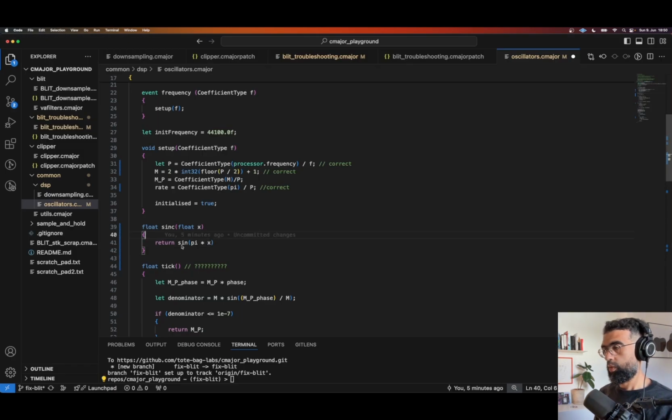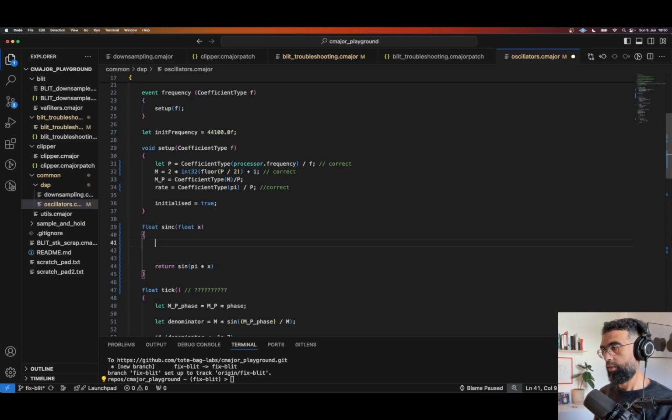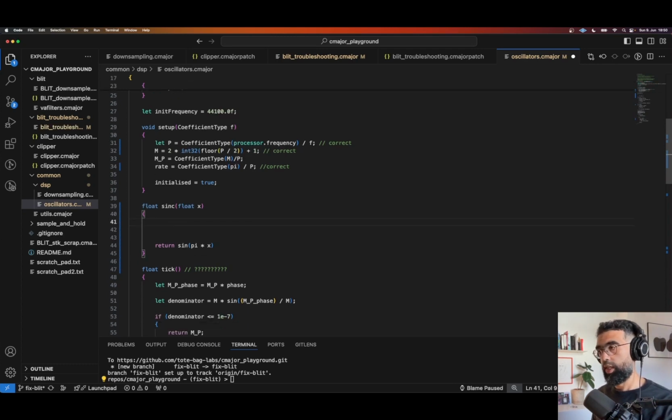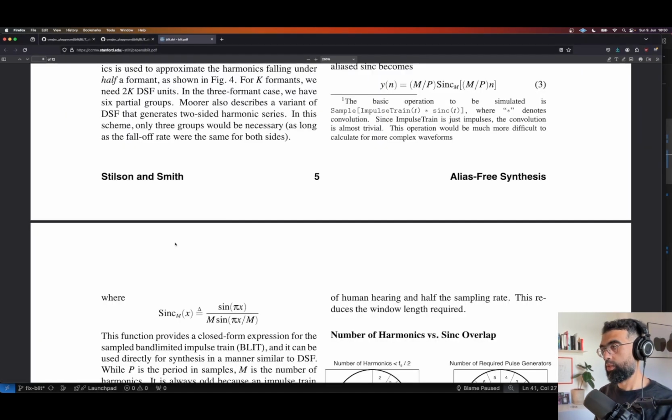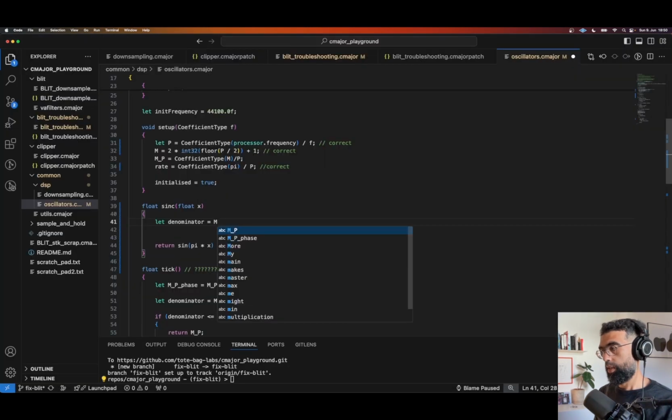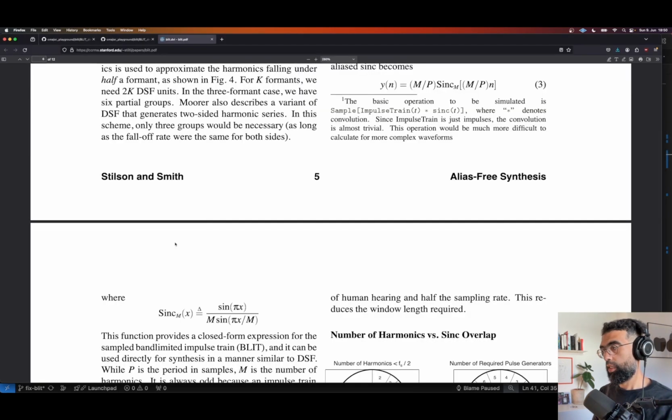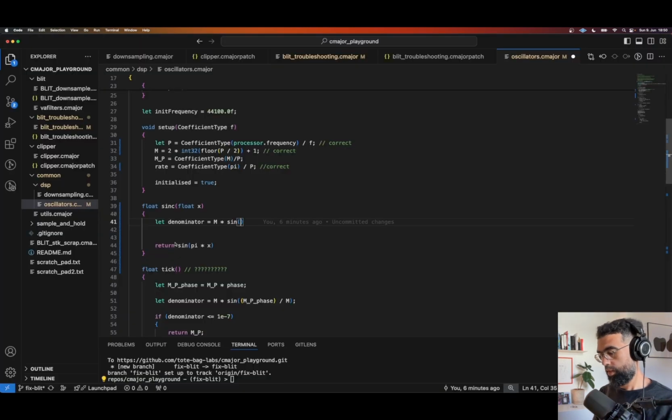Oh yes, and this is where we need to basically split it up because we need to test the denominator. So let denominator equal m times sine pi times x divided by m.